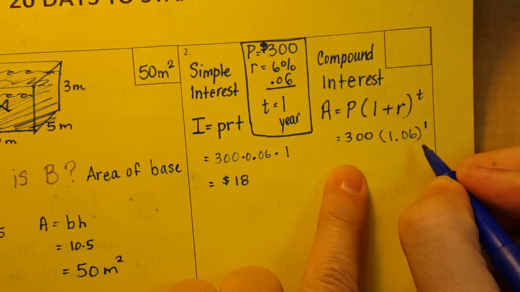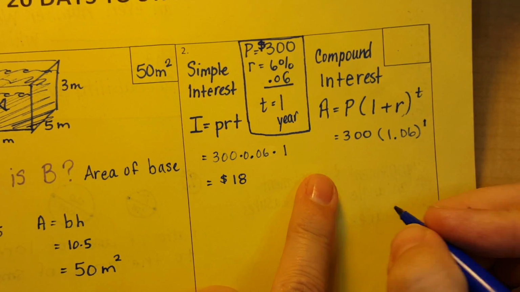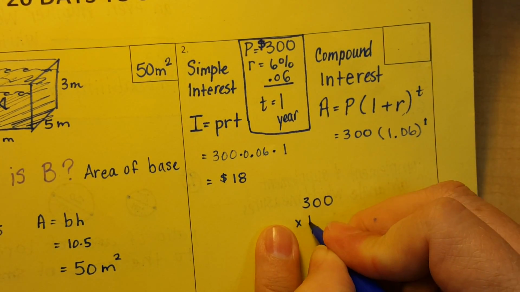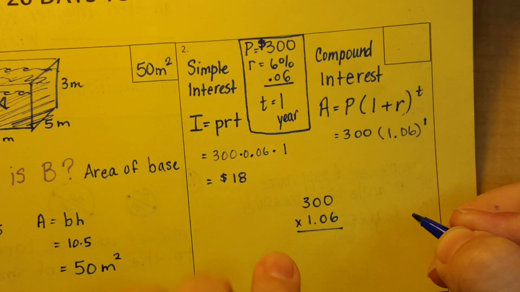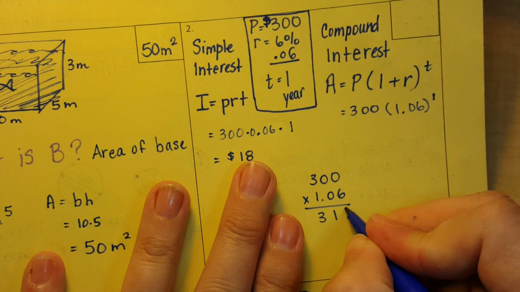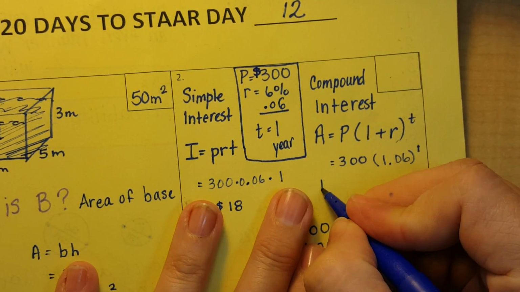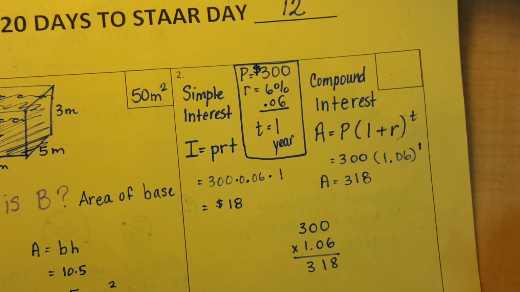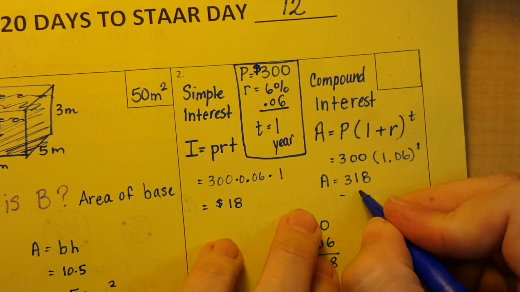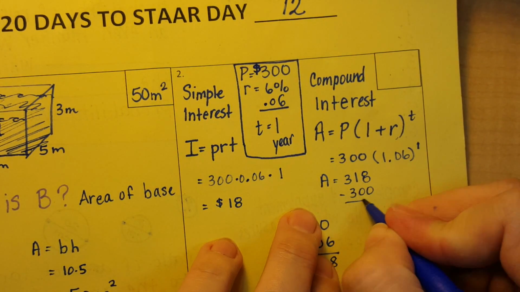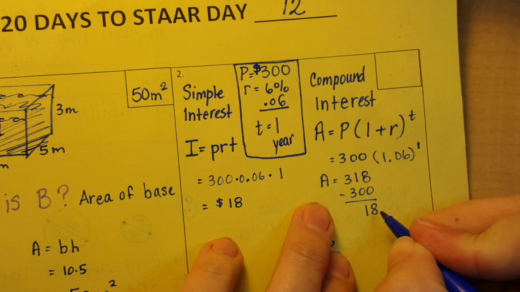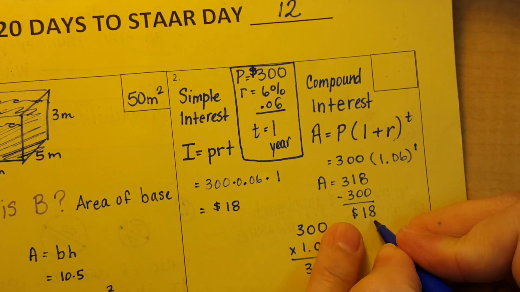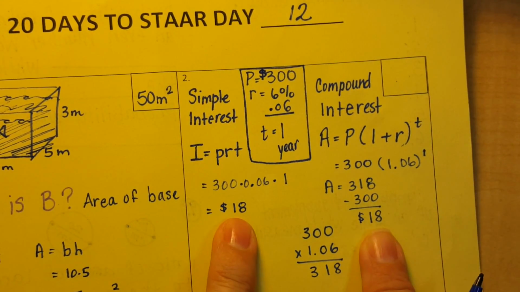Okay, so if we multiply 300 times 1.06, you end up with 318. So the amount in the account at the end of that year is $318. If we subtract the principal from that, that means that the amount of interest earned in this compound interest account after a year is also $18.